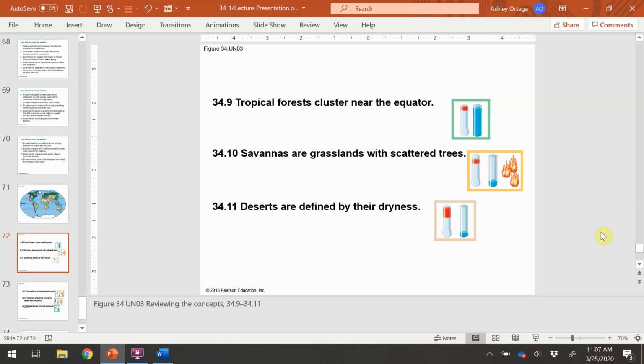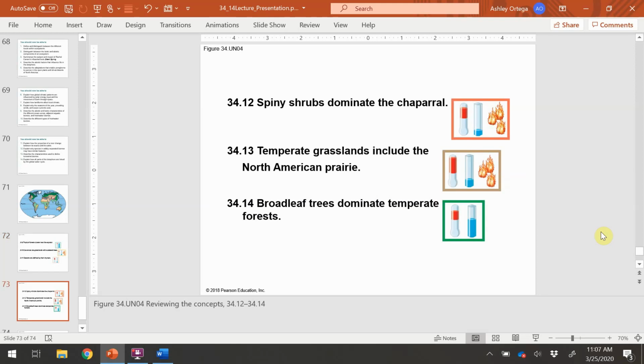You think like the environment in Lion King, right? Deserts are defined by their dryness, so they are dry, little precipitation, can be hot or cold. The chaparral will be spiny green shrubs that are well adapted to fires, and these are found off the coast of California, so if that helps you remember, they are going to have low rainfall as well.